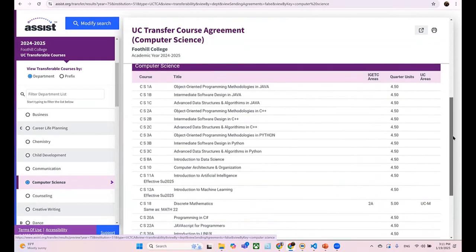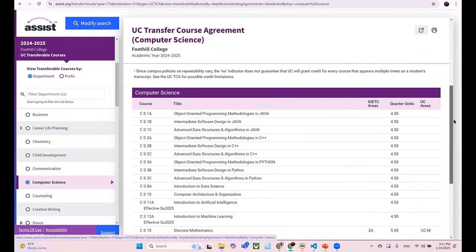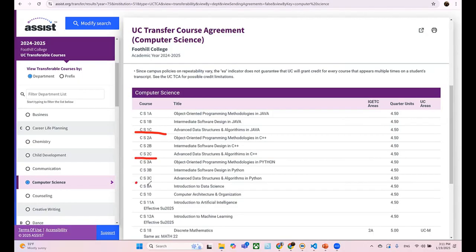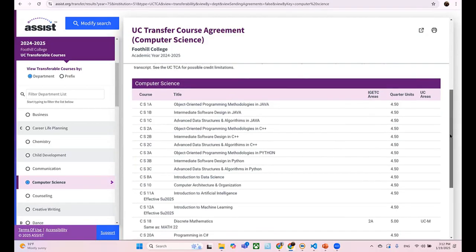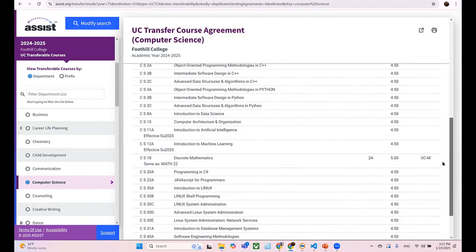It will show you the transferable courses. All these courses that I'm talking about are transferable. Usually students will pick 1A, 1 or 2 or 3. My son took CS 2A, 2B, 2C. That's what I recommend you do after my course, to take that as well. You will get your credit.